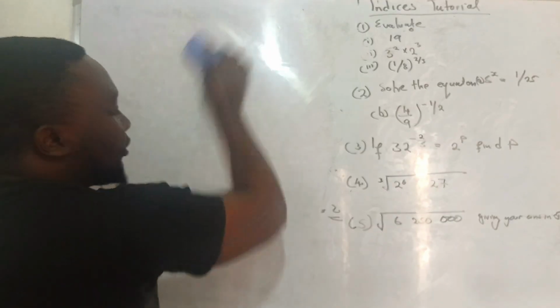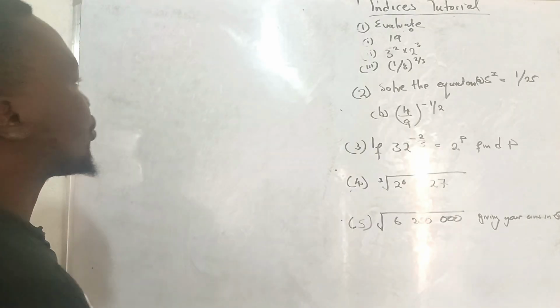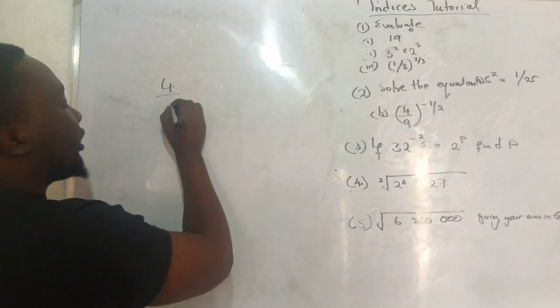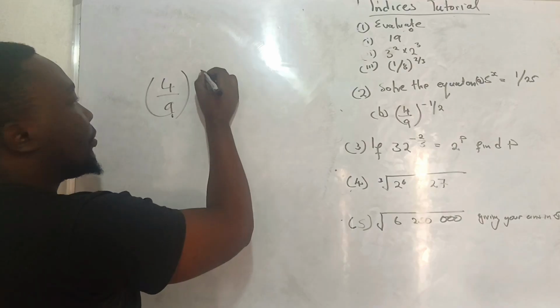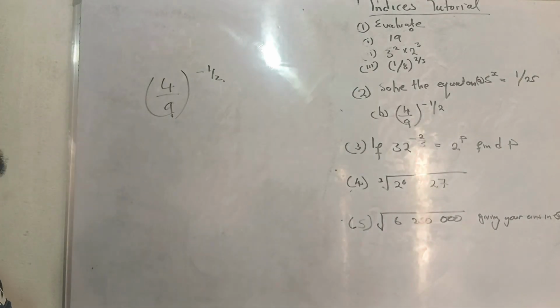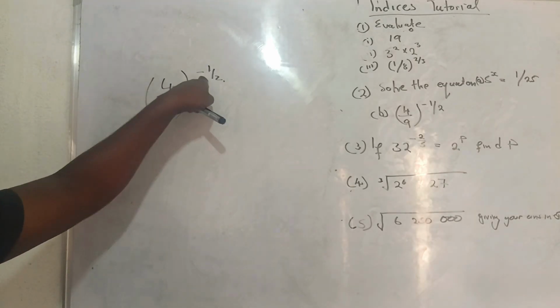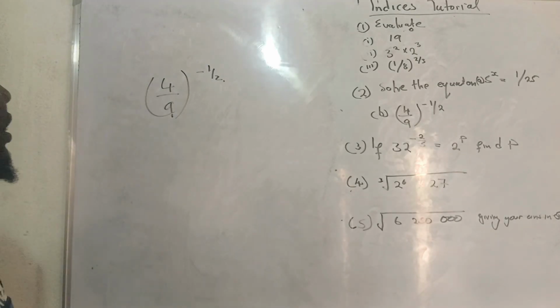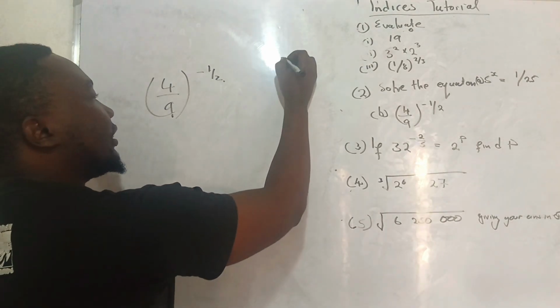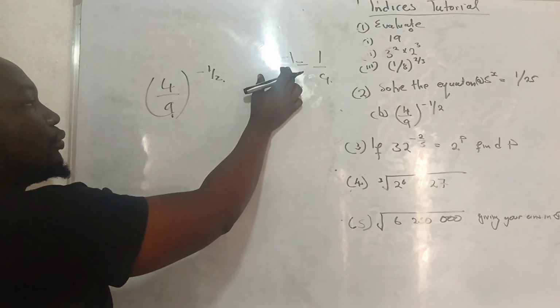So it's a matter of recognizing which law of index you are required to use. So you have 4 over 9 raised to the power negative half. So remember that this is negative half. You have negative index and you have fractional index. So let's start with the negative index. Remember, negative index is equal to, so we want to move from this to this.